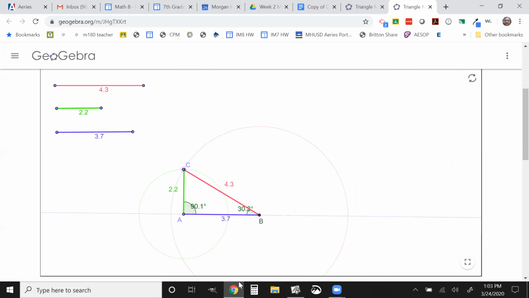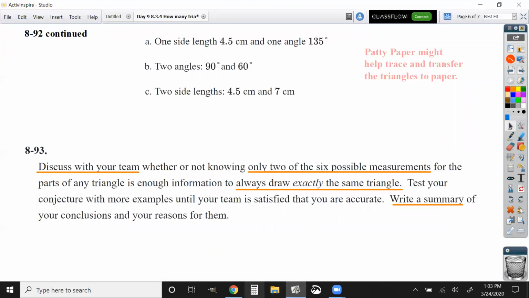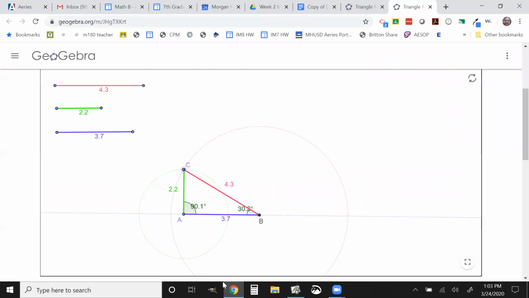Angle of 135. What was that again? And a side length of 4.5. So I think I'll make this 4.5. And I'll make this 135.